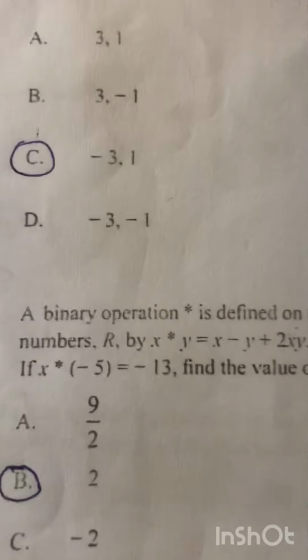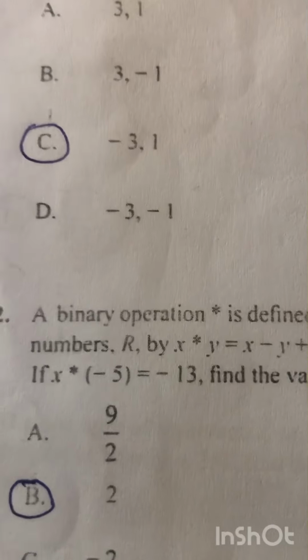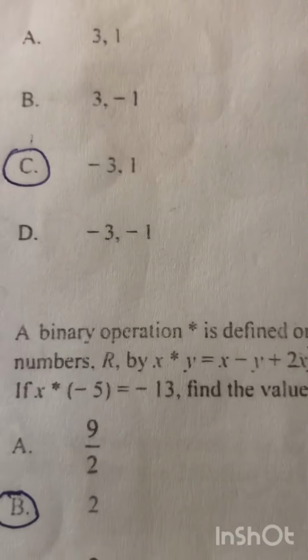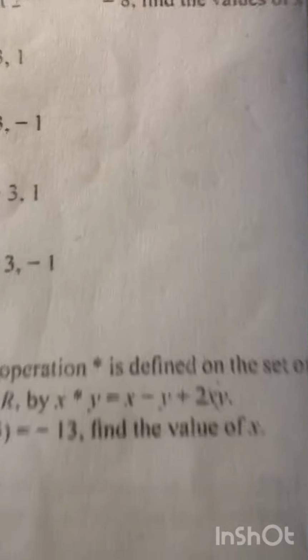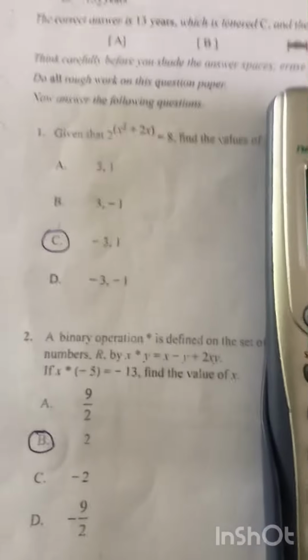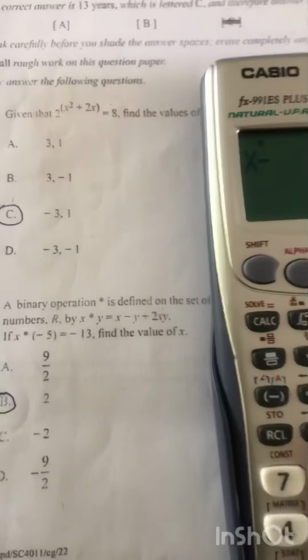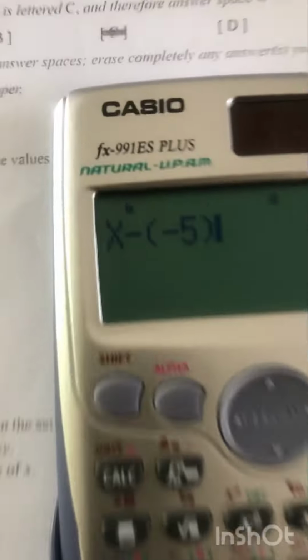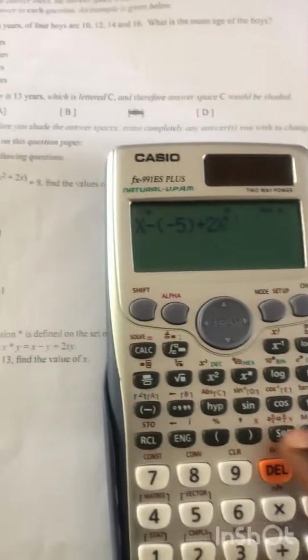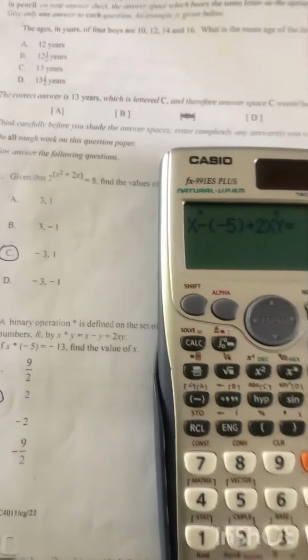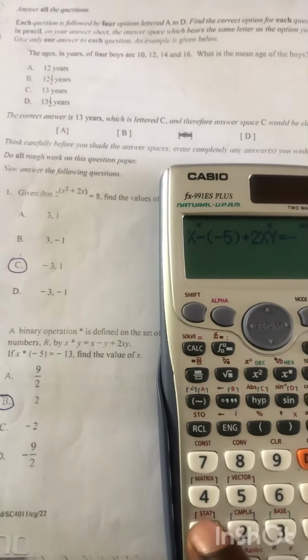Question 2 is a binary operation question. That one is also done in the comp mode. You are supposed to find x if x star -5 is equal to -13. That's the binary operation expression, x minus y plus 2xy. So I type x minus, and since y is -5, minus -5, plus 2 alpha x alpha y is equal to -13.